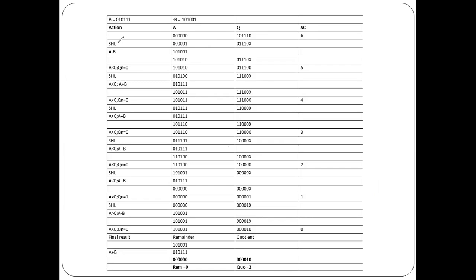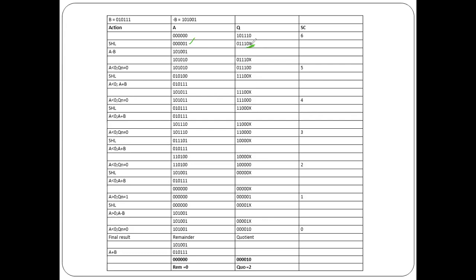We are shifting left side, because here itself your A is less than B, so we can perform the division. We go by shift left. Initially, first time we have to perform the subtraction. So shift left, leaving Qn initially as don't care.